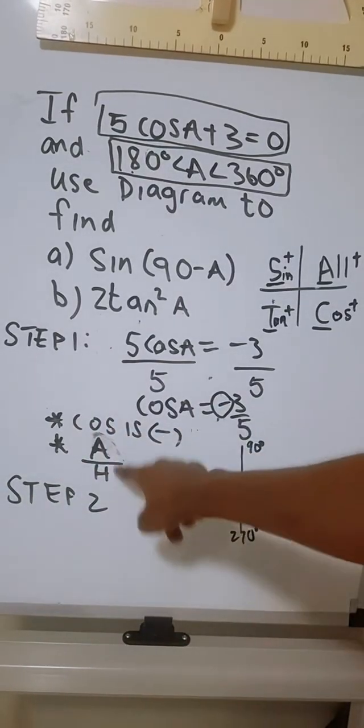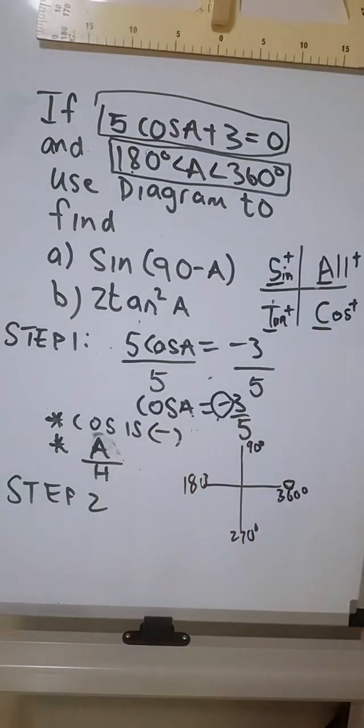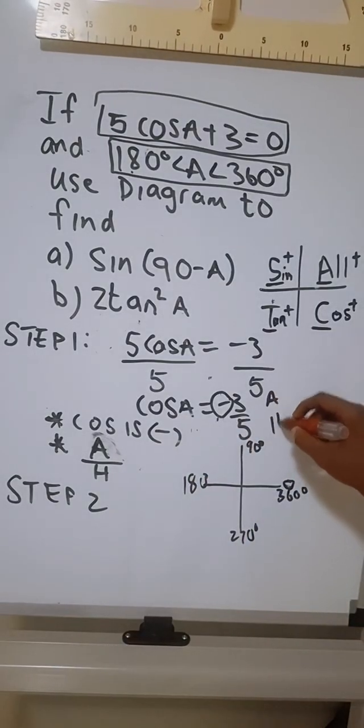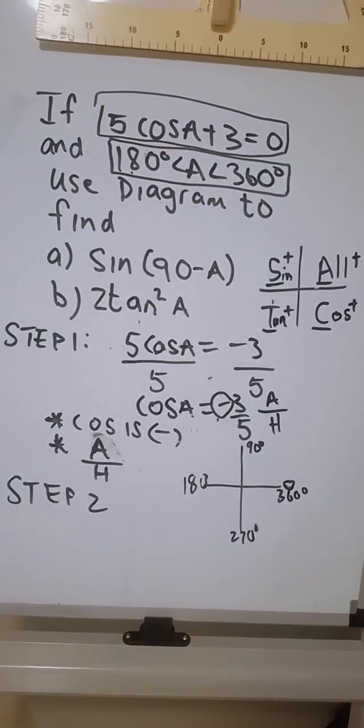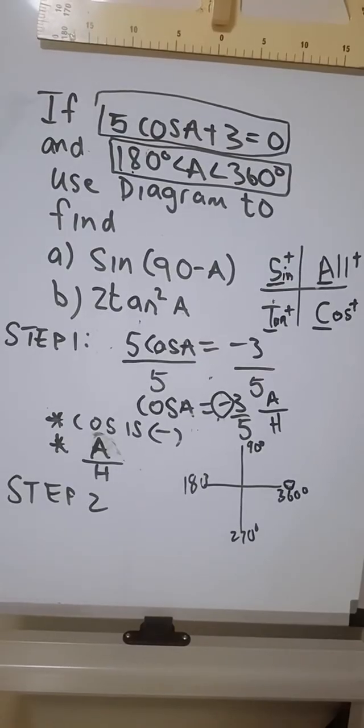Two, we learned the definition of cos then would be adjacent over hypotenuse.